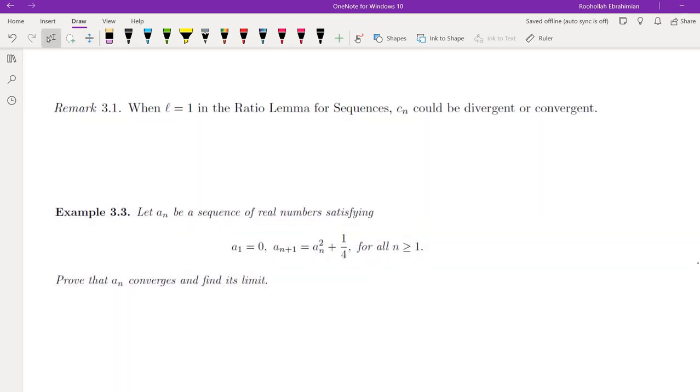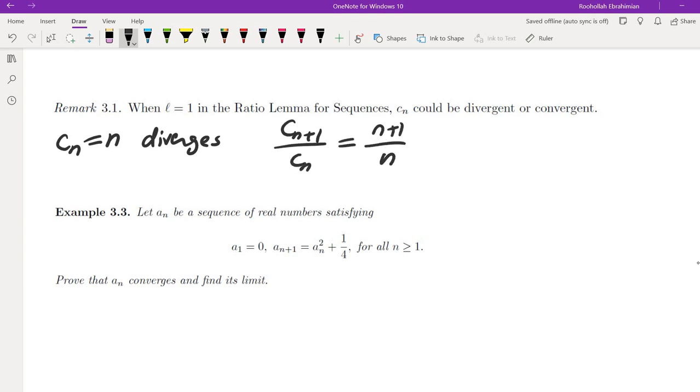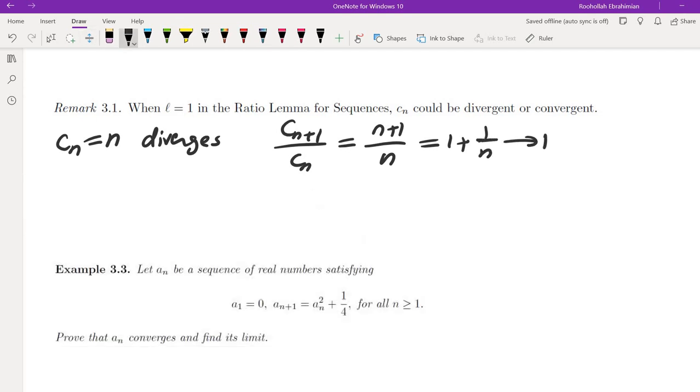So for example, if you take Cn equals n, this diverges, and the ratio Cn plus 1 over Cn is (n plus 1) over n, which is 1 plus 1 over n, that approaches 1. So the ratio approaches 1, but the sequence diverges.